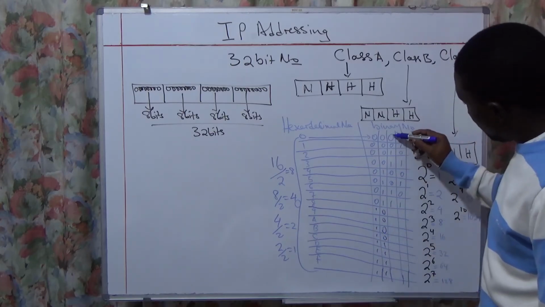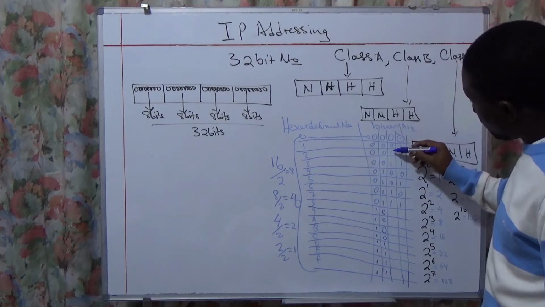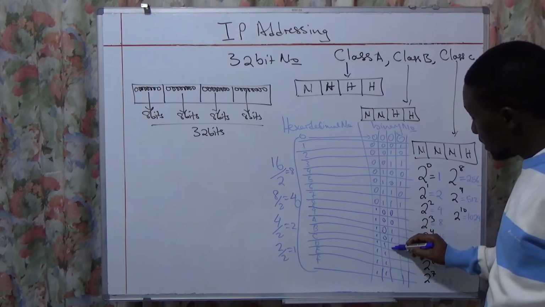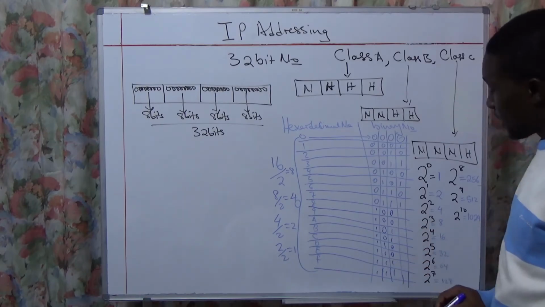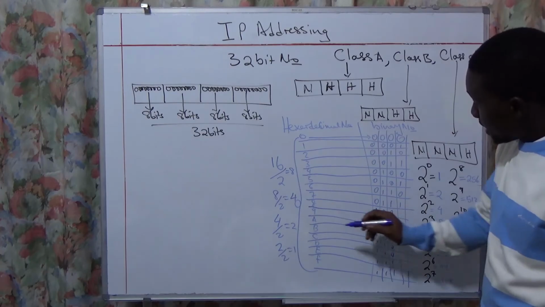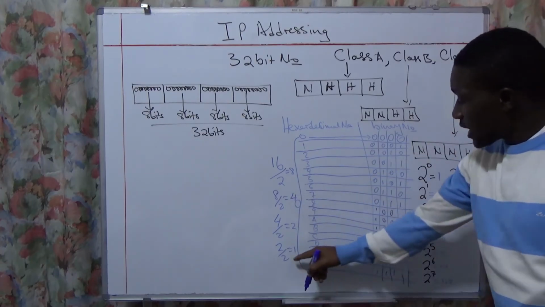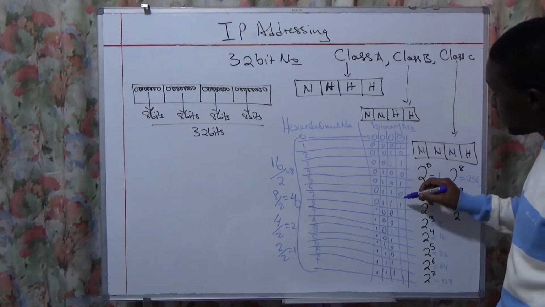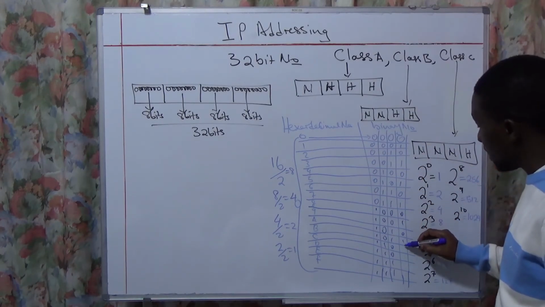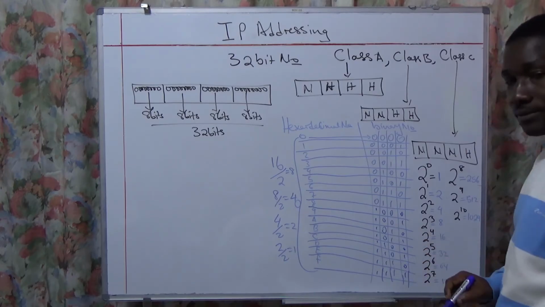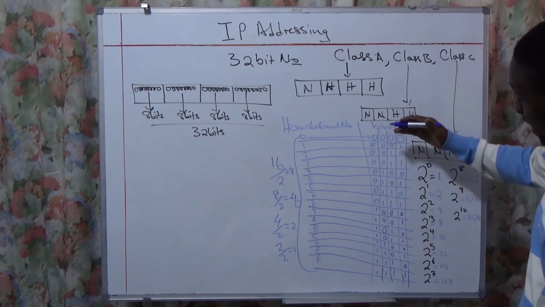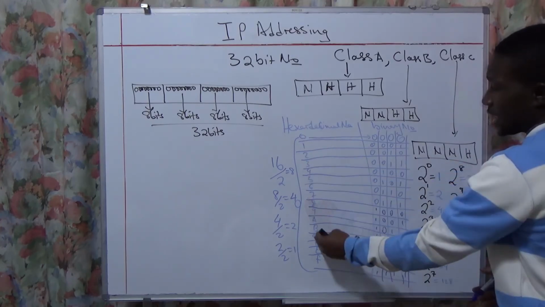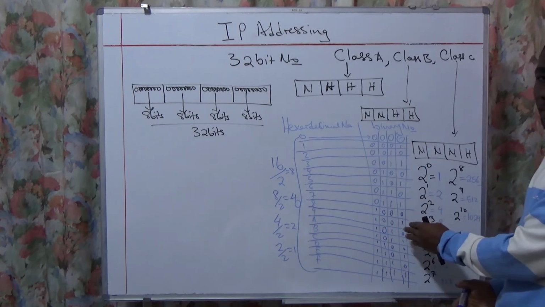And in the third column, we said we shall have 2 zeros, 2 ones, 2 zeros, 2 ones. Then, in the last column, we shall have a single 0 and a single 1. So 0, 1, 0, 1, 0, 1, 0, 1. This is how we convert simply from hexadecimal to binary.